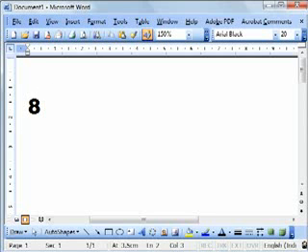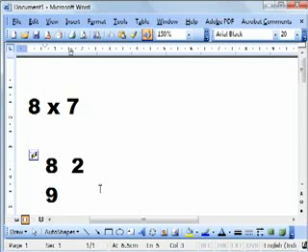8 multiplied by 7. So just write it like this. 8 is 2 below 10, so I mention it here, and 7 is 3 below 10.